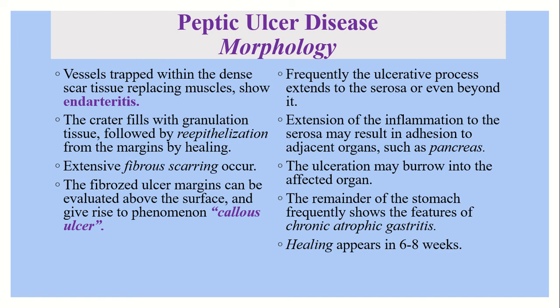The ulceration may burrow into the affected organ. The remainder of the stomach frequently shows features of chronic atrophic gastritis, because chronic atrophic gastritis develops during the diseases that we'll discuss later in the inflammatory complications. Healing appears in 6-8 weeks.